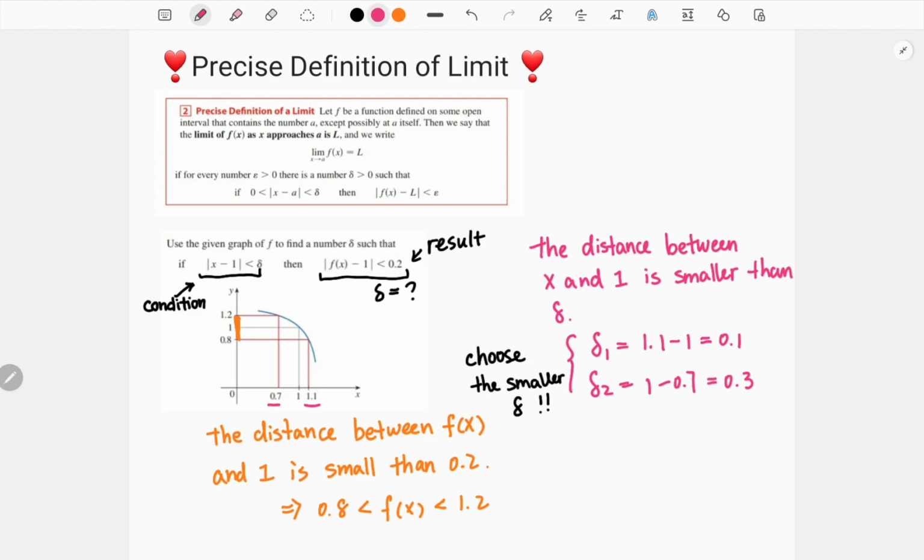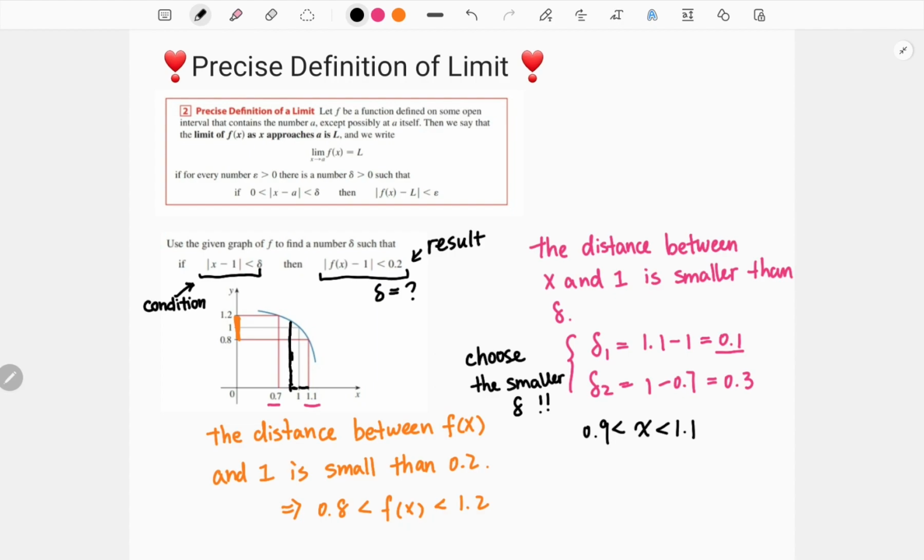So let me show you why we want to choose the smaller delta. If we choose our delta to be 0.1, then our x will be between 0.9 and 1.1. Let's take a look on the graph. So if my x is between 0.9, which is somewhere here, and 1.1, then we look at where the y value lands.